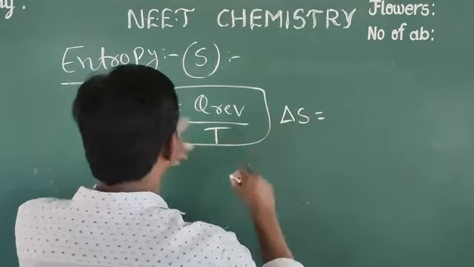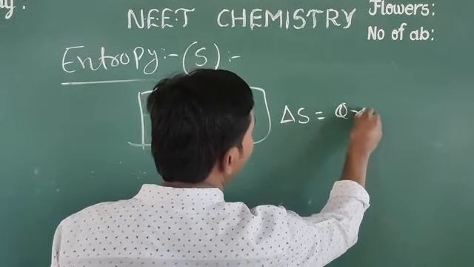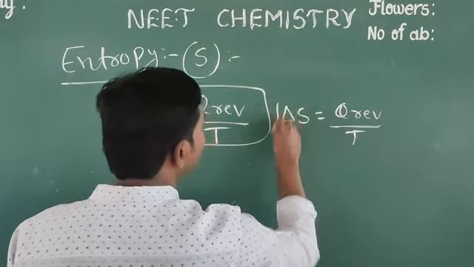Del S means change in entropy. Q reversible by T, both are correct.